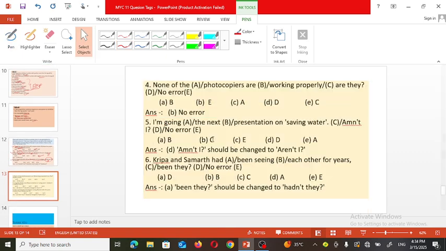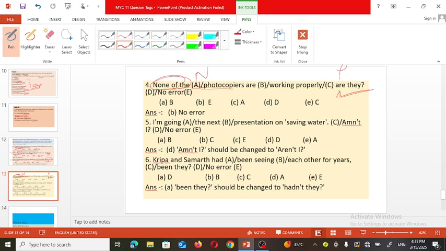Now see the next example, the fourth one. "None of the photocopiers are working properly." As you can see, the statement is negative. "None of the" means no one, a negative statement. So the question must be positive, and it is used here: "are they?" And "none of the" means we don't know the subject, he or she.